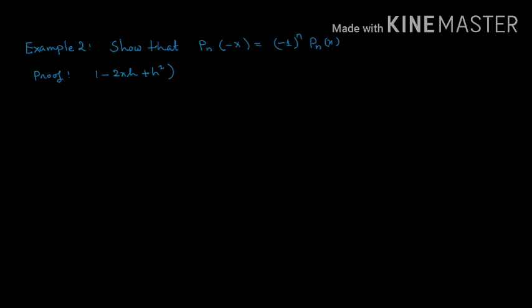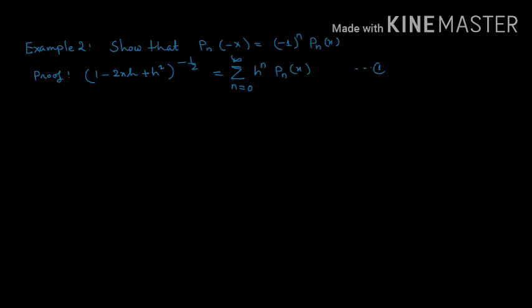Example 2, show that Pn of minus x is equal to minus 1 to the power n Pn of x. So let us prove it. Legendre function is (1 minus 2xh plus h square) to the power minus half, equal to summation n equal to 0 to infinity h to the power n Pn of x.